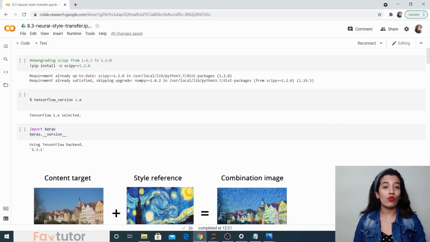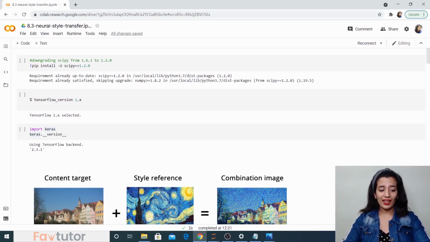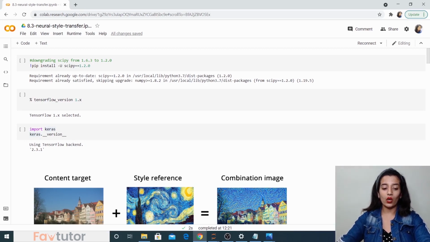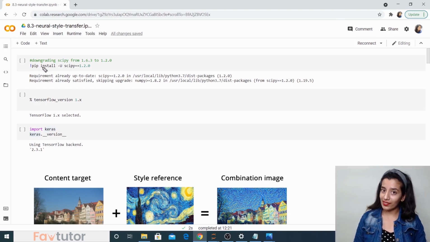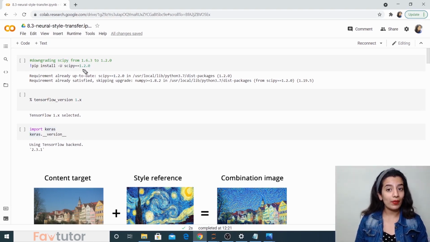Now let us have a walkthrough of the code for the particular problem statement of style transfer. Basically I'm starting with importing all the essential libraries. Firstly, I'm downgrading SciPy and downloading SciPy version 1.2.0. What does that mean?